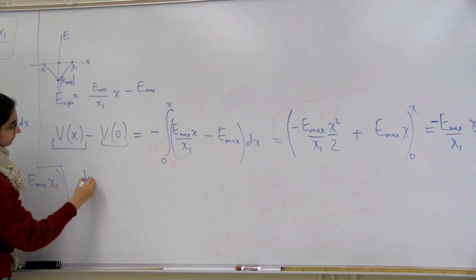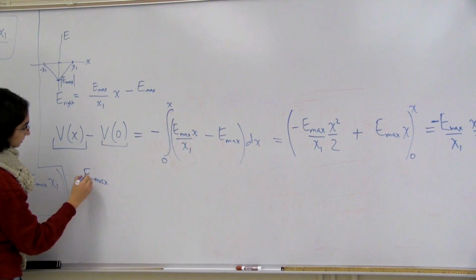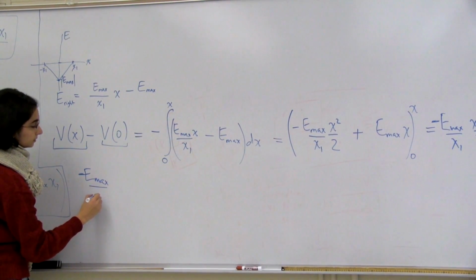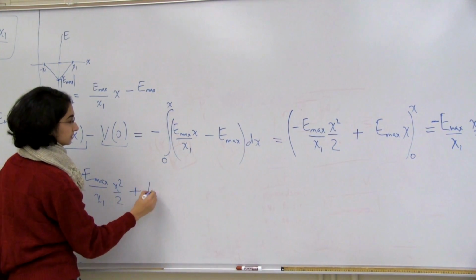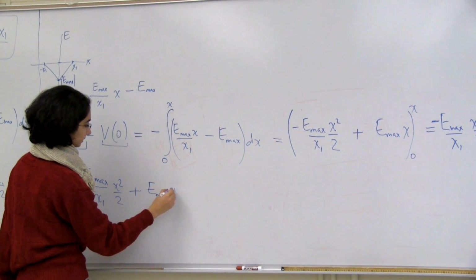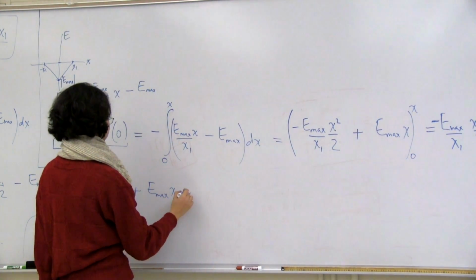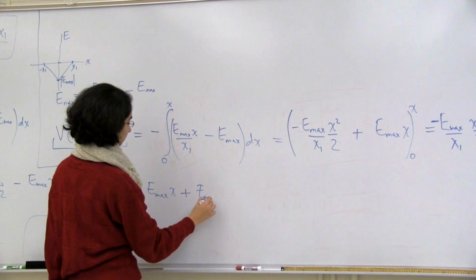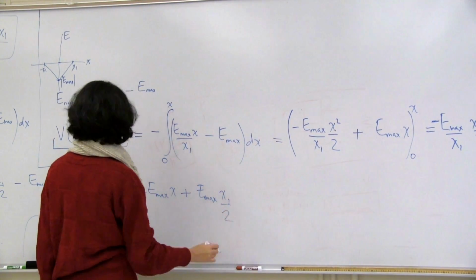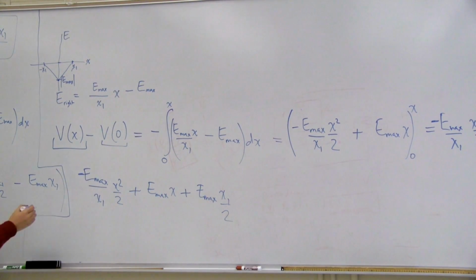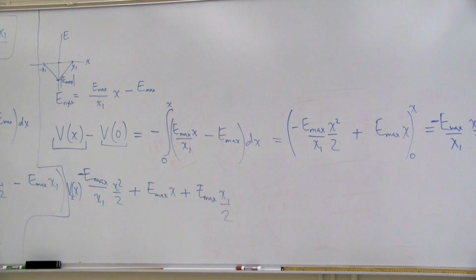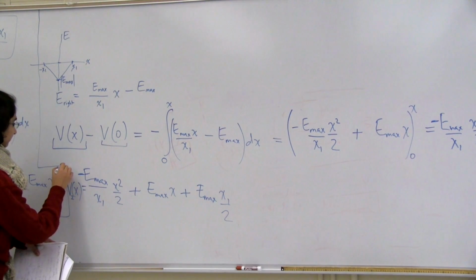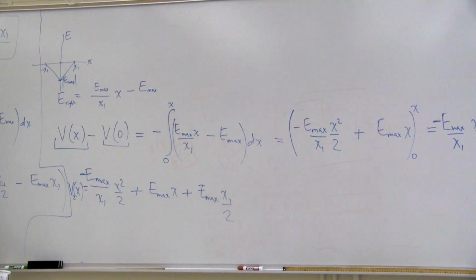So I'll have negative E max x squared over x1, plus E max x, plus E max x1 over 2. This is your V of x for this region, and just subscript these. So we get that expression.